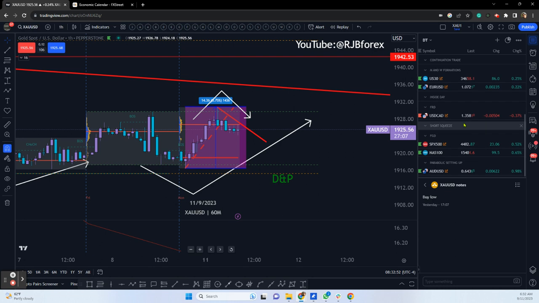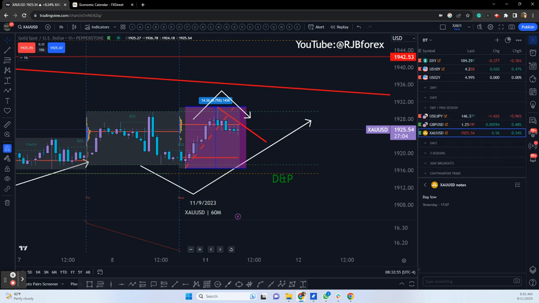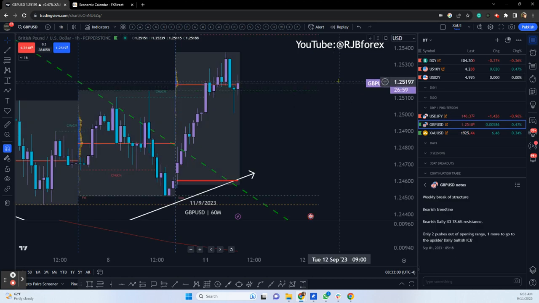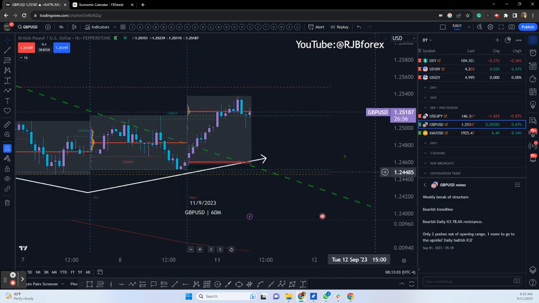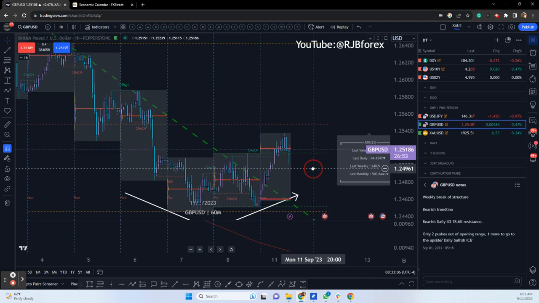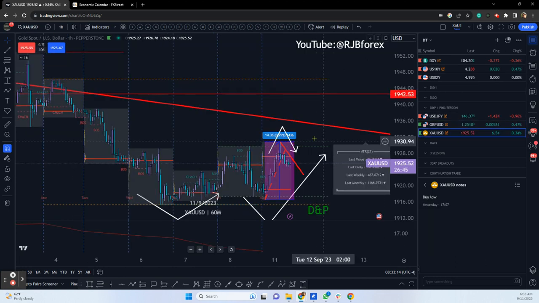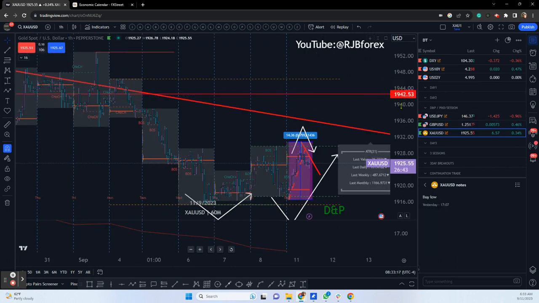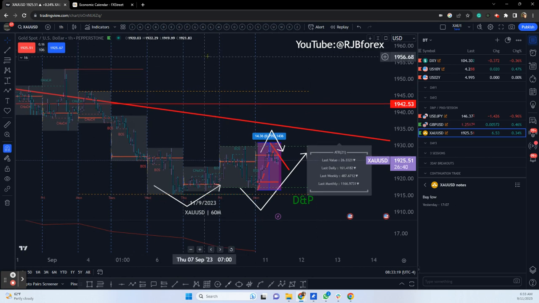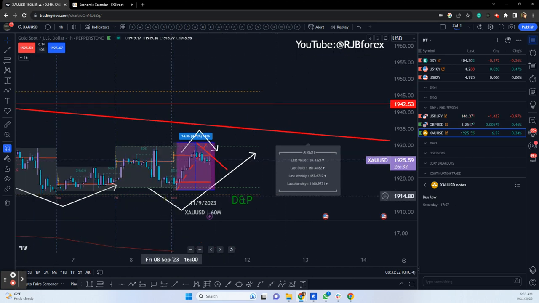Right. Any other pairs you want me to look at, guys? Yeah, gold is moving quite strangely. Well, you say that, but it's moving in line with the longer term bearish outlook because we've come up to sweep liquidity, and that could be the liquidity that provides a meaningful move to the downside.